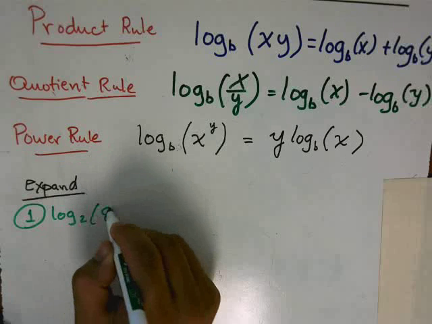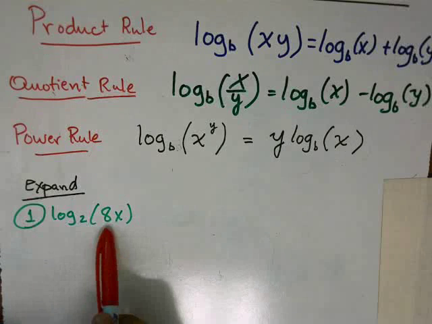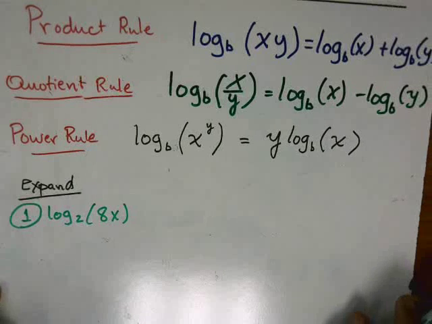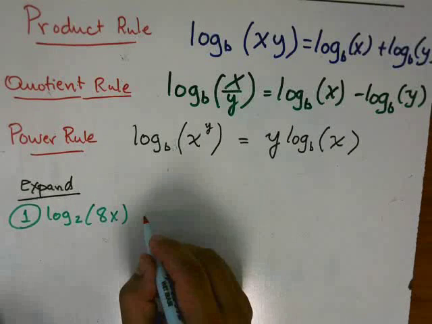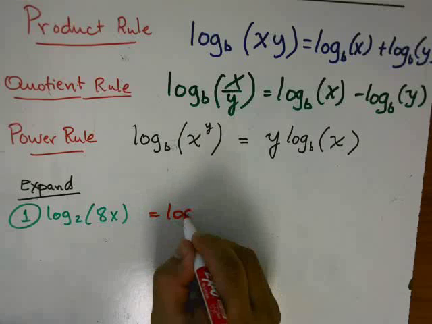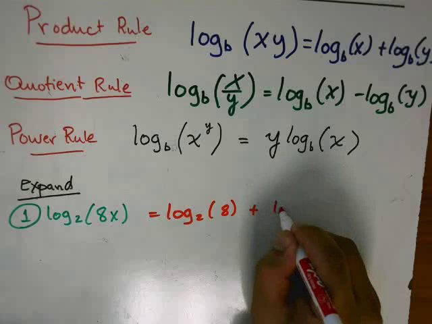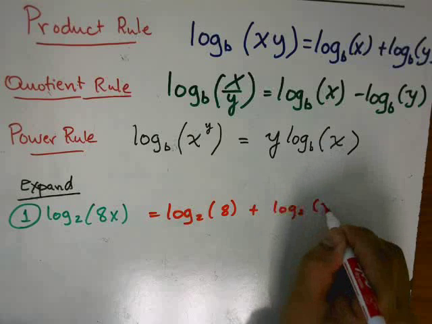of 8x. Since I have a product here, 8 times x, we apply the product rule. So this becomes log base 2 of 8 plus log base 2 of x.